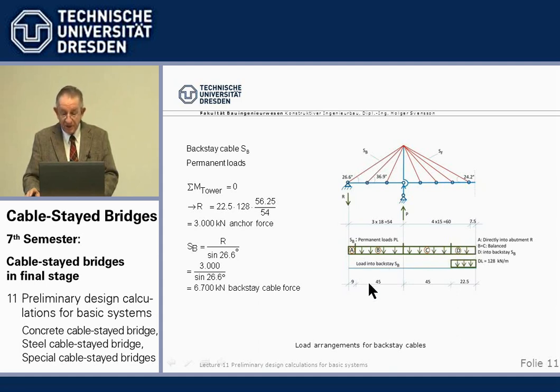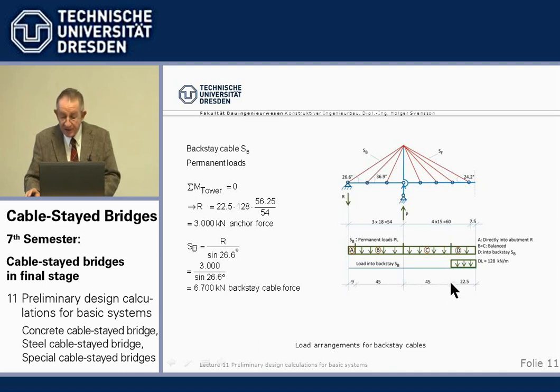So we have here 3 times 18 meters, 54 meters, 1/2 of that, 27 meters, goes directly into the support, the hold down pier. Then remain 45 meters to the tower, balancing the other 45 meters on this side.